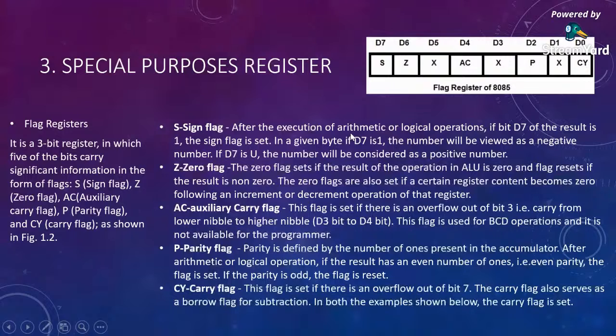So, the sign flag. After the execution of arithmetic or logic operations, the sign flag will be set according to the result. In a given byte, if D7 is 1, the number will be viewed as a negative number.